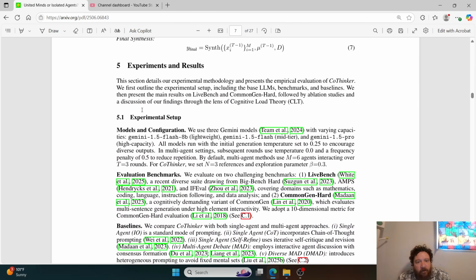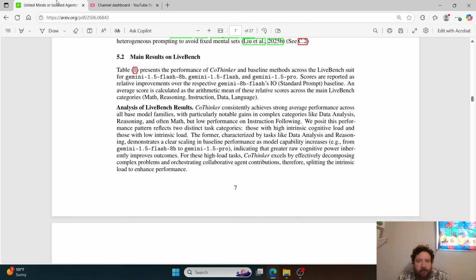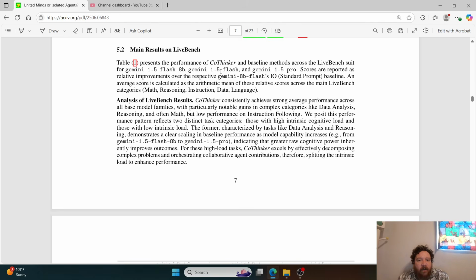I think they're of course on the right track with that. They go through their experiments, and the models they use are Gemini 1.5 Flash and Gemini 1.5 Pro.